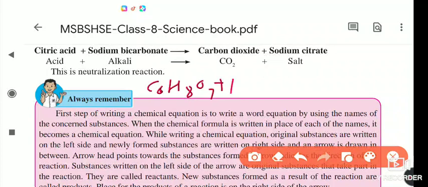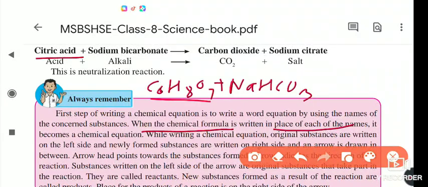Sodium bicarbonate is NaHCO3. So what I have written here: when a chemical formula is written in place of each name, in place of citric acid I wrote its formula, and in place of sodium bicarbonate I wrote its chemical formula, it becomes the chemical equation. And then here it forms CO2 gas, and the respective salt is formed in this chemical reaction.